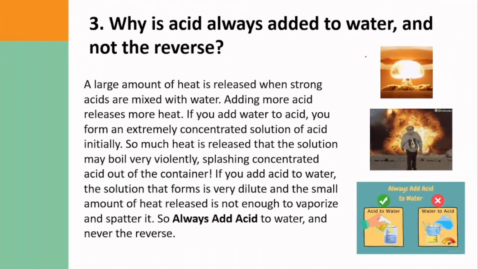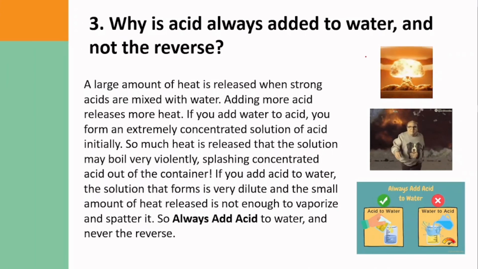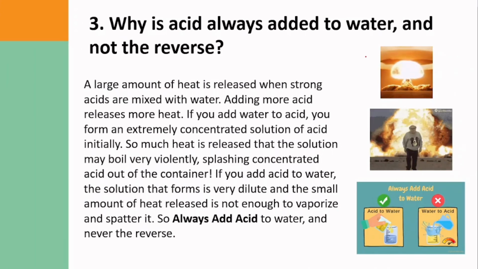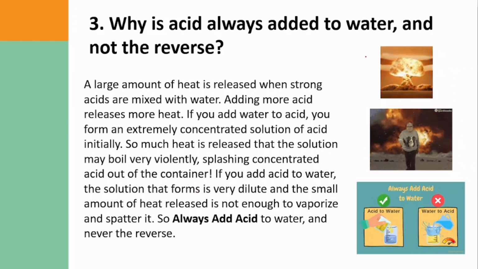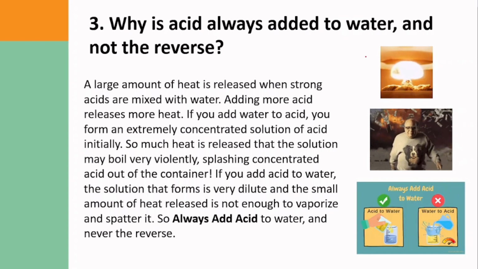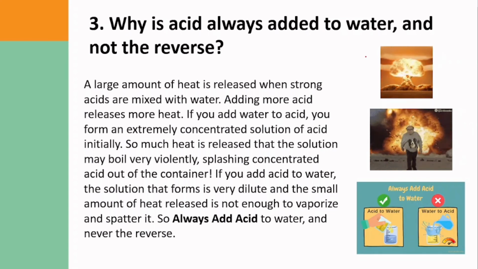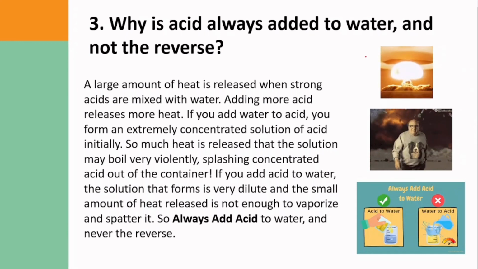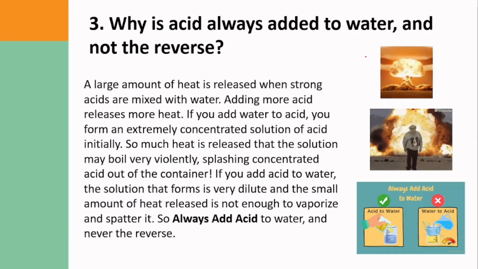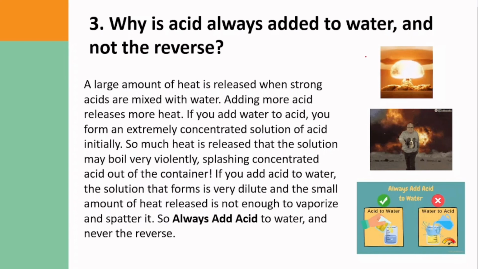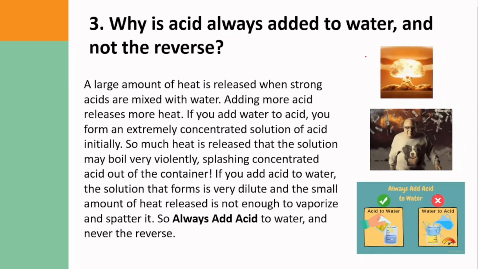And then for our last question in your questions for research, why is acid always added to water and not the reverse? Okay, so in simpler terms, a large amount of heat is released when strong acids are mixed with water. Our exothermic reaction takes place when you add the water to the acid first. Okay? And then adding more acid releases more heat.